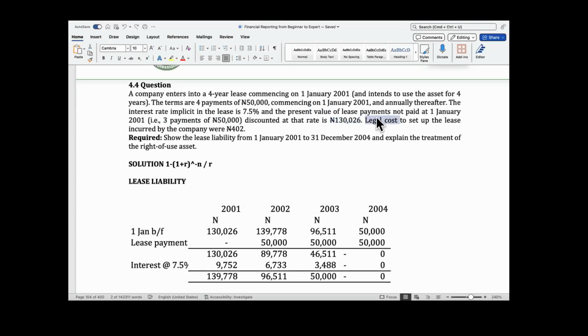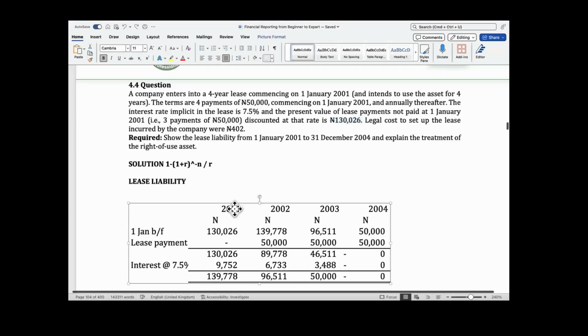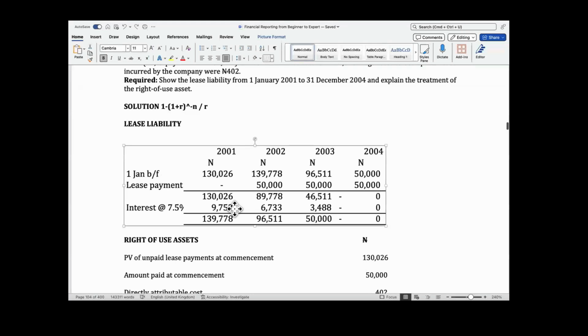They give us legal costs of 402. Okay. They want us to do the lease liability. You see, at commencement date, the lease liability is valued at this, 130,026. But at the end of the year, from 2001, we will say at the beginning, we were owing 130,026.